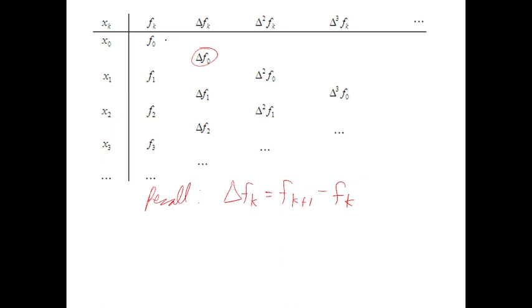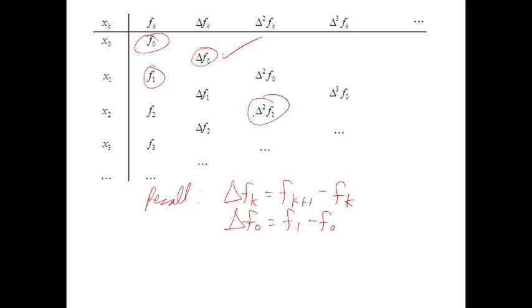So, in that case, ito yung for k equals 0, no? For k equals 0, that is f1 minus f0. So, therefore, f1 minus f0, yun na yun. Okay?